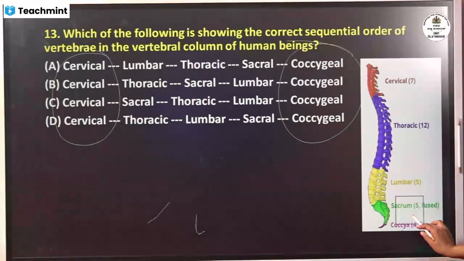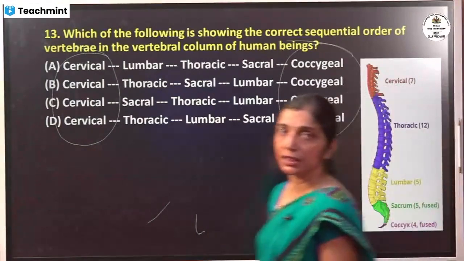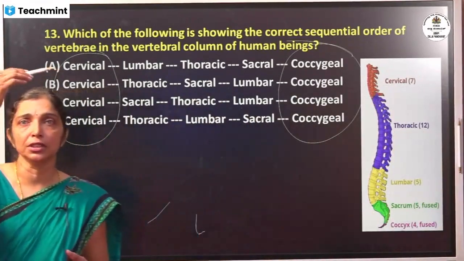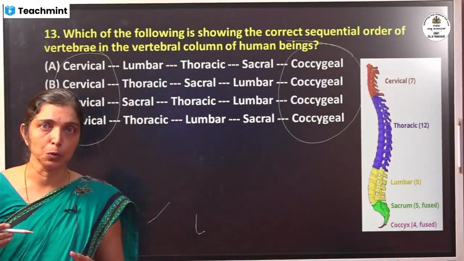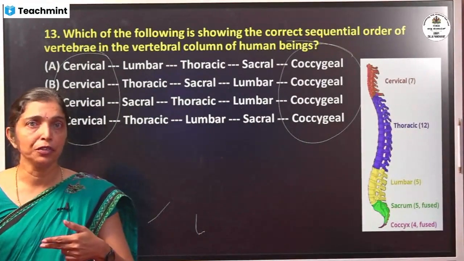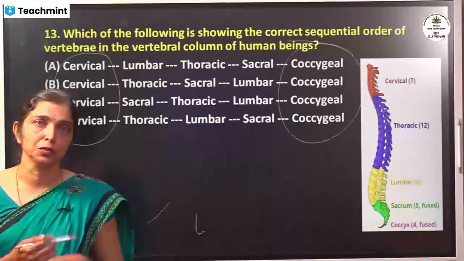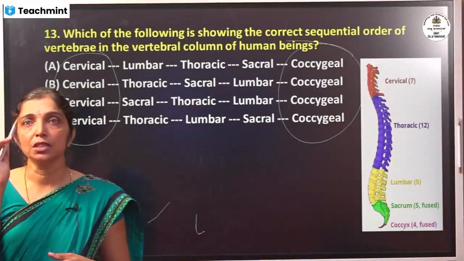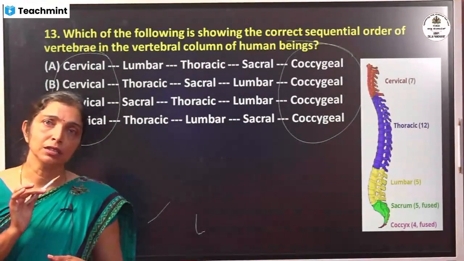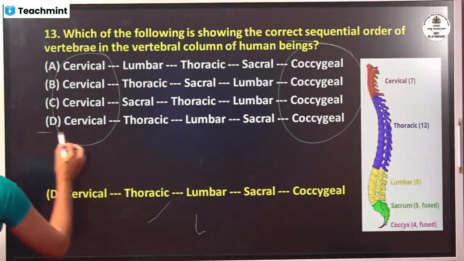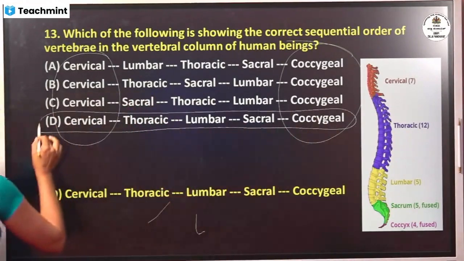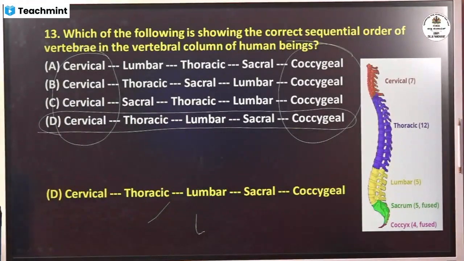Then we have the sacrum, wherein 5 are fused, and then the coccyx, which is once again fused. So the sequence is cervical, thoracic, lumbar, sacrum, and coccyx. So which is the right option? We have D, which is in the correct sequence: cervical, thoracic, lumbar, sacral, and coccygeal.